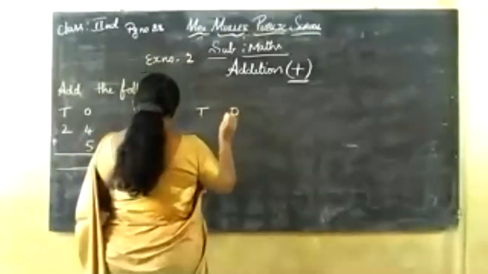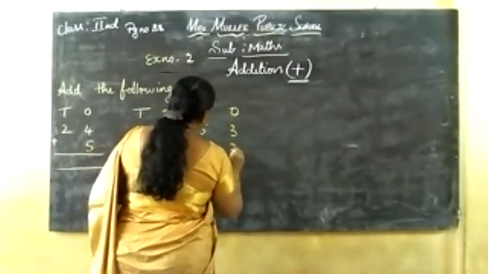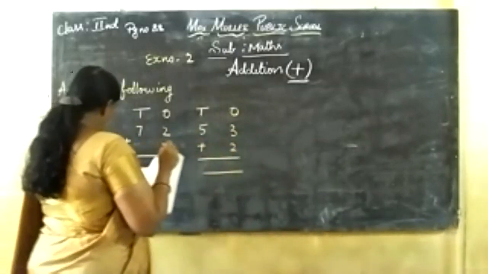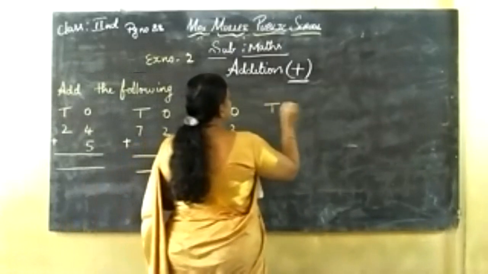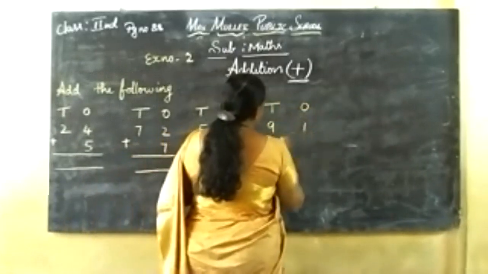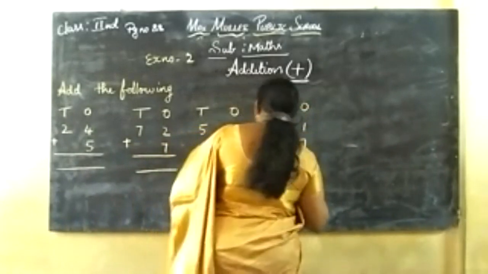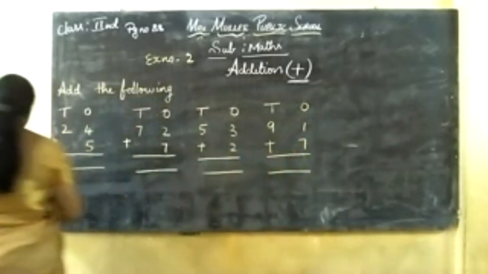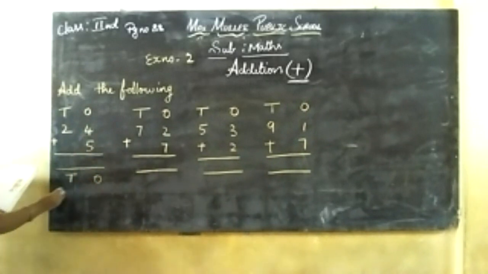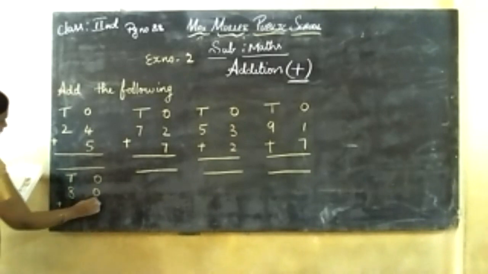Tens, ones. 53 plus 2. Tens, ones. 91 plus 7. Tens, ones. Plus 9.